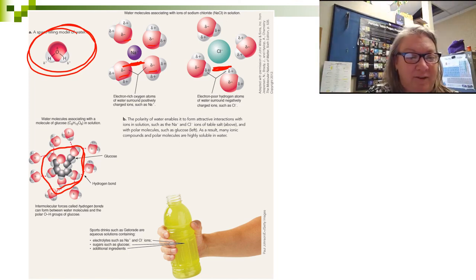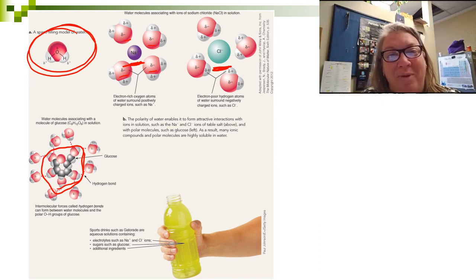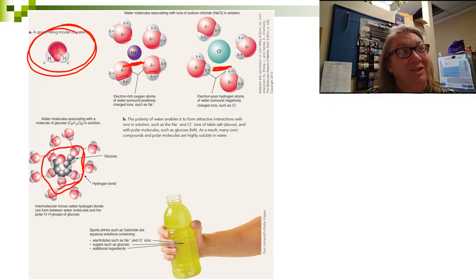You can also see as you're looking at those water molecules that they have turned and oriented themselves on either the oxygen or the hydrogen side to maximize that attraction, that temporary dipole-dipole hydrogen bond attraction with that glucose molecule. So that is a little bit about solutions and solubility and intermolecular forces.